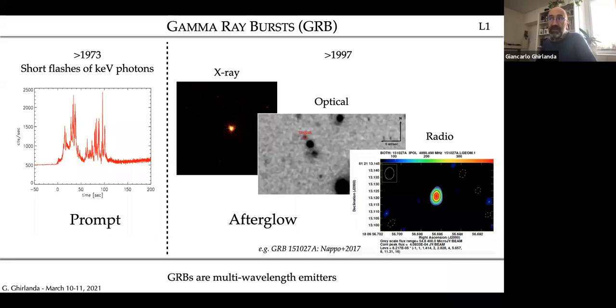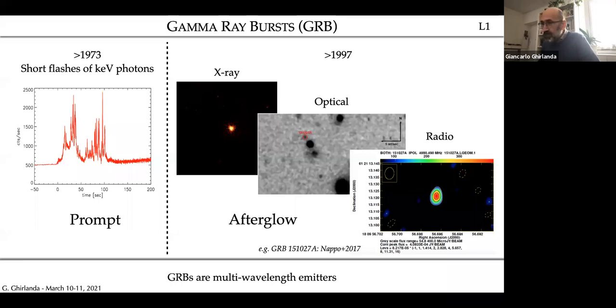We know since the end of the 90s that this emission is accompanied and followed by long-lasting emission that pops up at different frequencies, spanning all the electromagnetic spectrum from the X-rays down to the radio band, which is called the afterglow. So the bottom line is that GRBs, as you know, are multi-wavelength emitters. They are transients, and being transient is different if you consider the prompt and the afterglow phase, because these are characterized by different time scales.